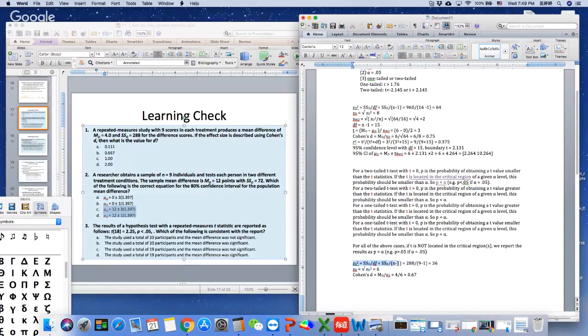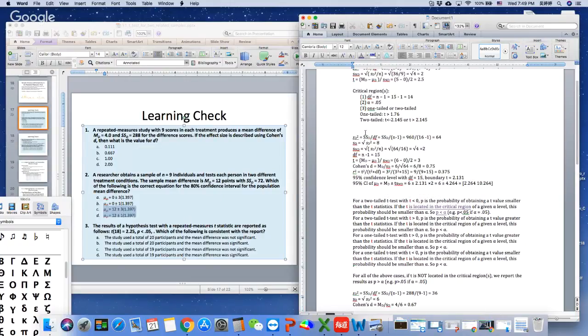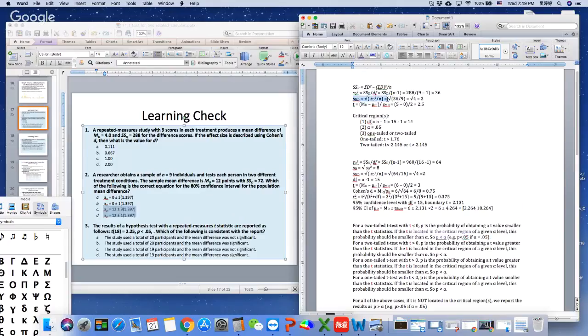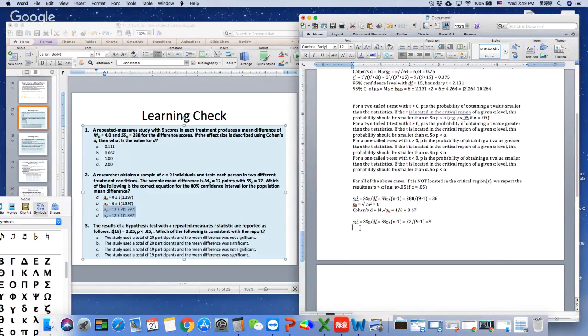Based on the SS, we can compute the SD squared. And after that, we can compute the SMD using this formula, the square root of the variance divided by n, which is also 9.